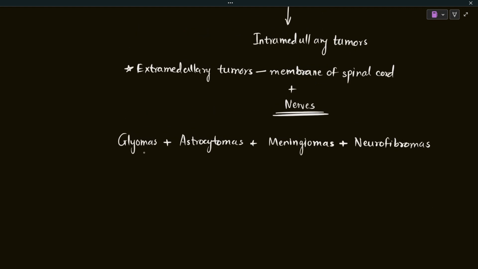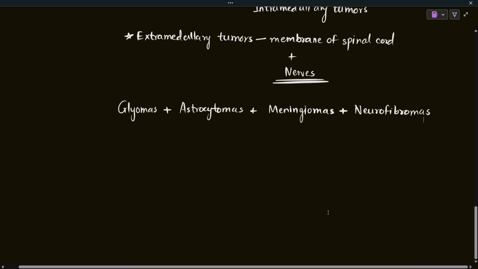Again, the treatment of neuroectodermal tumors is quite tricky because you might know about the blood brain barrier. This barrier protects our brain and does not allow the entry or passage of certain molecules.